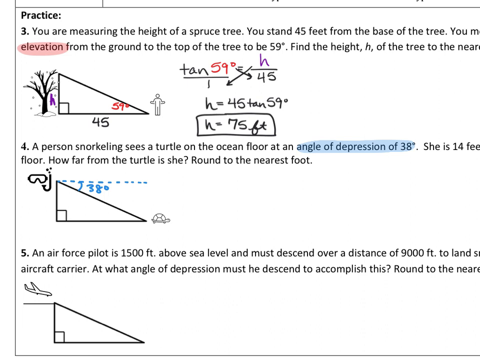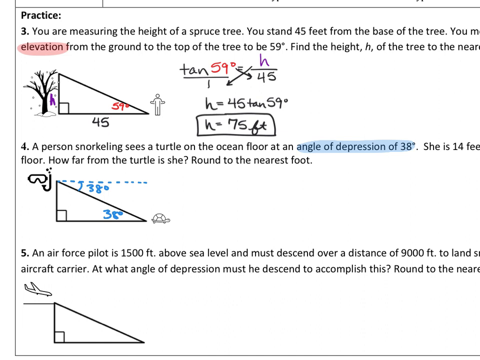But if you remember what we did with parallel lines, this angle and this angle should be the exact same. So even though I wrote 38 degrees up here, because that's the angle of depression, I can also write 38 degrees here from the ground at the turtle up to the snorkeler. Those are going to be the same measurement, because they are alternate interior angles.